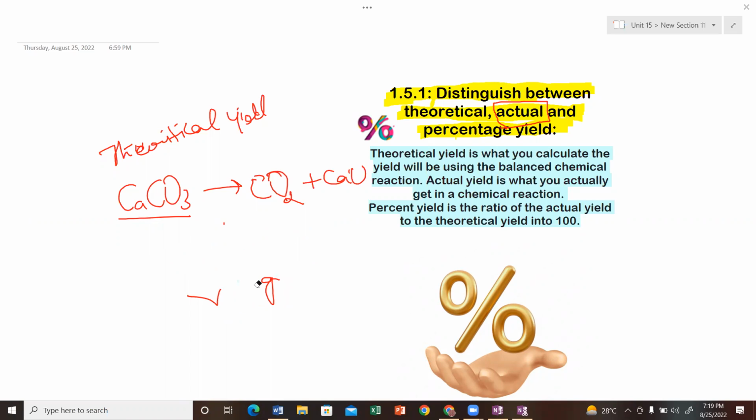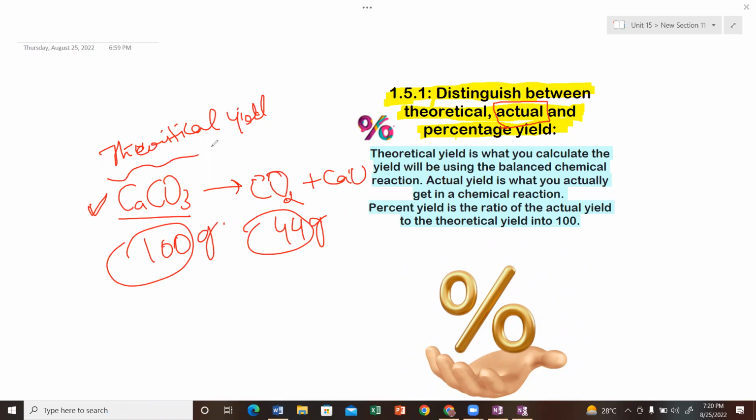So likewise I calculate the molar mass of carbon dioxide, and it would be 44. We do not know this experimentally, but with the help of the balanced chemical equation and the theoretical method, we know that 100 grams produces 44 grams. This kind of yield we call theoretical yield. So it is very easy. The observed yield, or the actual yield, is what we perform by practical means, and the theoretical yield is what we calculate via stoichiometry.